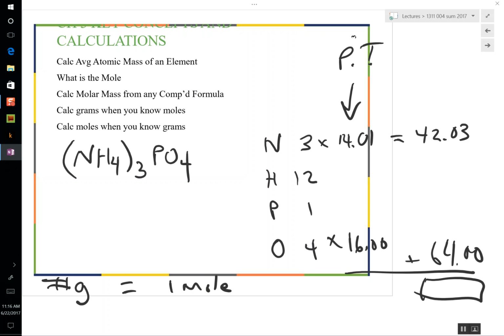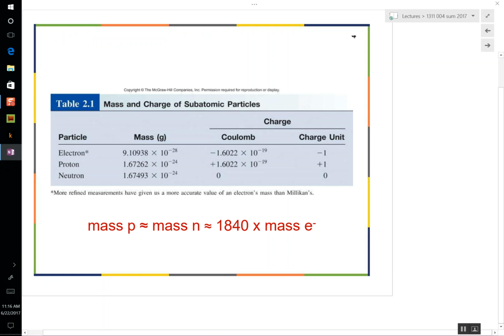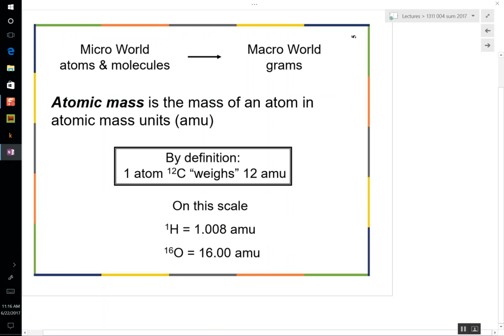Okay, then there's converting grams to moles and moles to grams. I'm just going to flash down through some of these slides. Atomic mass is in AMUs. Molar mass is in grams. So the atomic mass of hydrogen is 1.008 atomic mass units. The molar mass of hydrogen atoms is 1.008 grams of hydrogen.